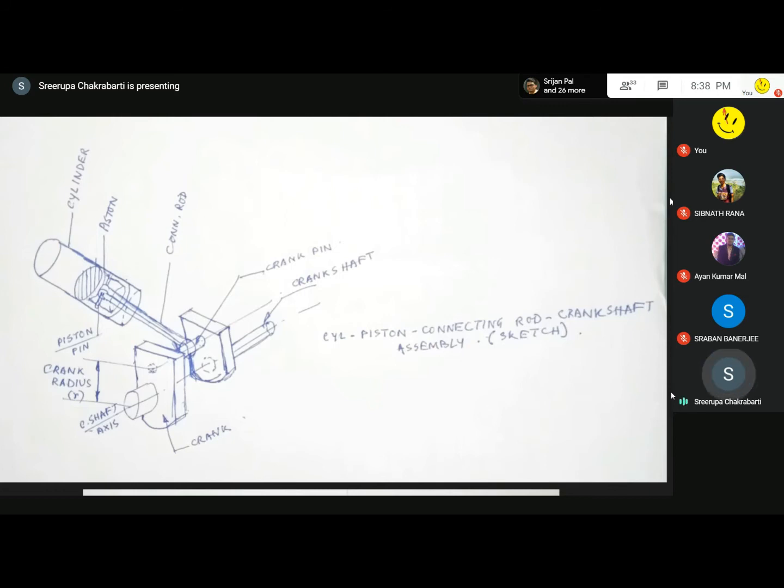And if the power stroke produces 10 kilojoules, maybe the suction stroke consumes 2 kilojoules, exhaust consumes say 2.5 kilojoules, compression consumes say 3 kilojoules. So 3 plus 2.5, 5.5 plus 2, 7.5 kilojoules is gone.